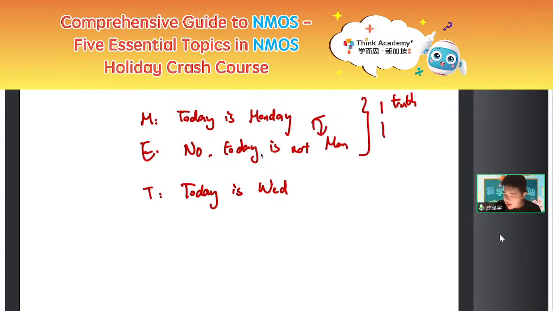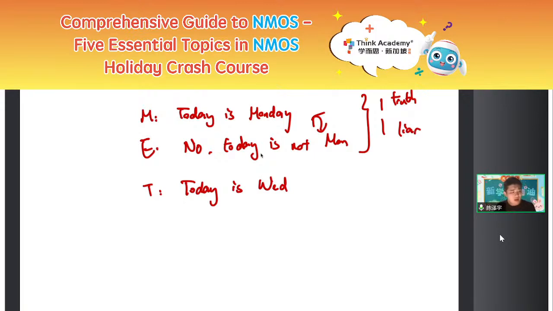Unfortunately, I'm the liar here. So whenever we have contradiction, it must be directly disagree. So today is Monday, and if you say you are not correct, then it will be contradiction. This is what we call contradiction. And whenever you see contradiction, you definitely have one truth and one lie.